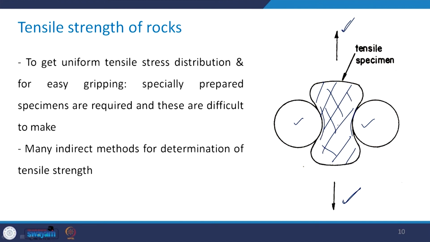There is going to be huge stress concentration in these zones, that is, contact zones between the gripping arrangement and the specimen. And what will happen because of that stress concentration?